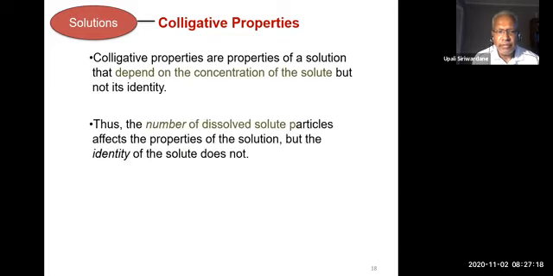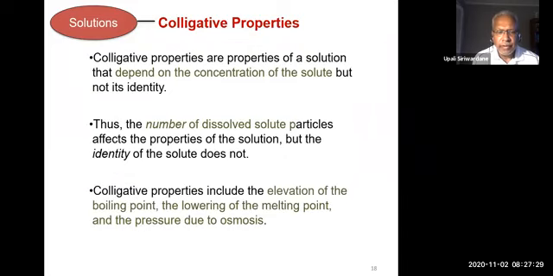Thus, the number of dissolved solute particles affects the properties of the solution, but the identity of the solute doesn't. Colligative properties include elevation of the boiling point, lowering of the melting point, and osmotic pressure. These are colligative properties.